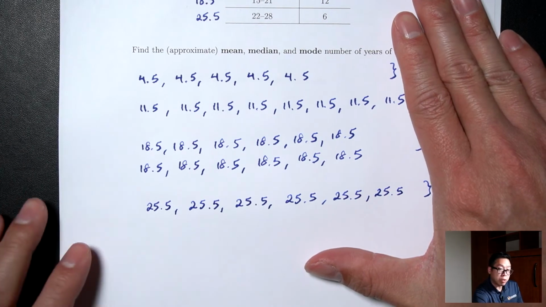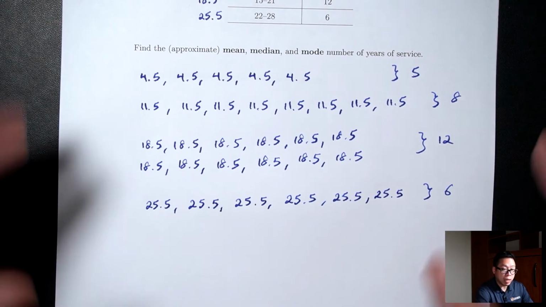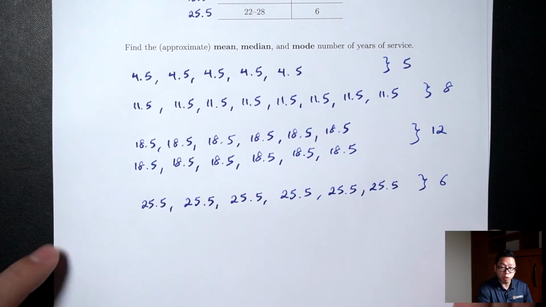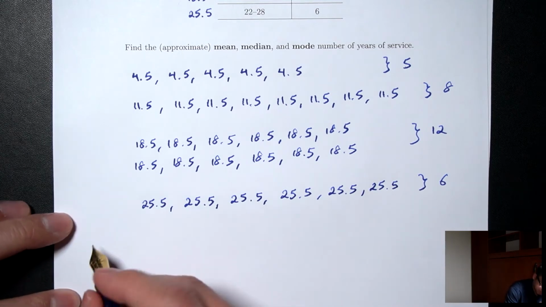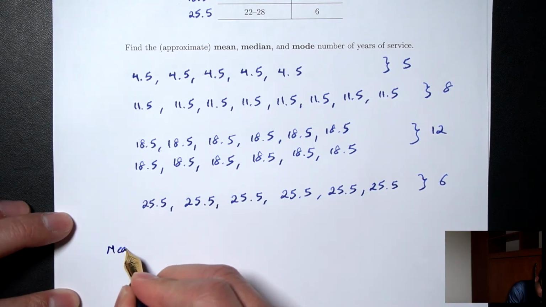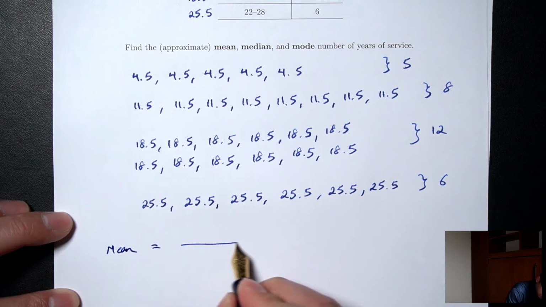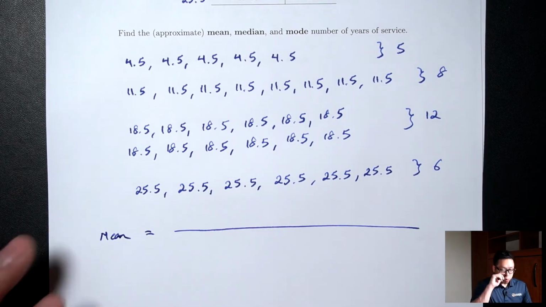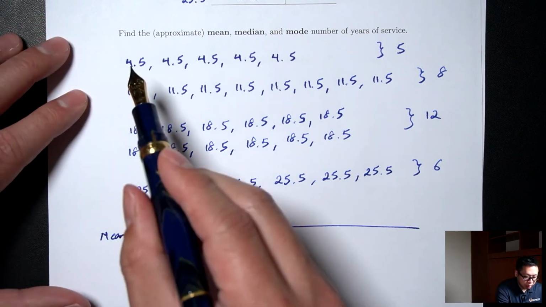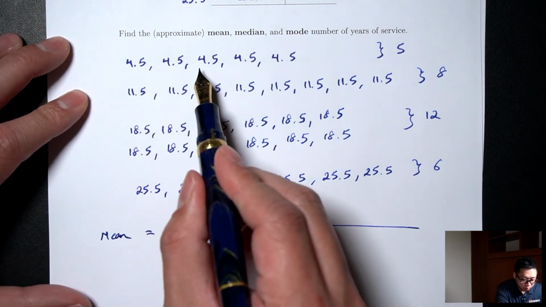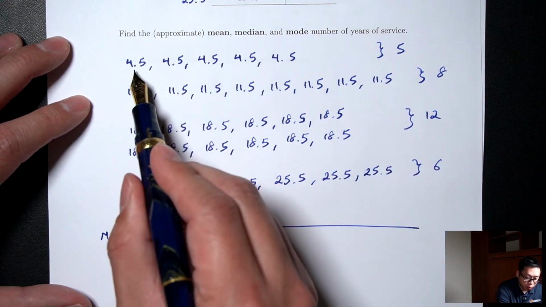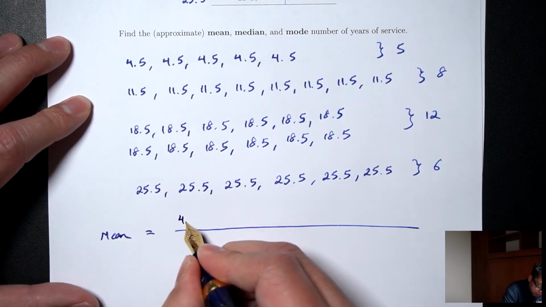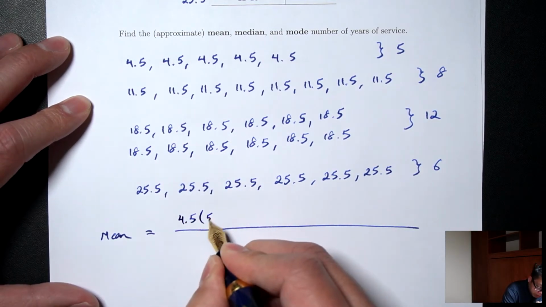Once I have my original data, I can find the mean, the median, and the mode the same way we found it on the first page. To find the mean, add up all of the data values, and we're going to use multiplication to help us add. So instead of doing 4.5 plus 4.5 plus 4.5 5 times, we just do 4.5 times 5.